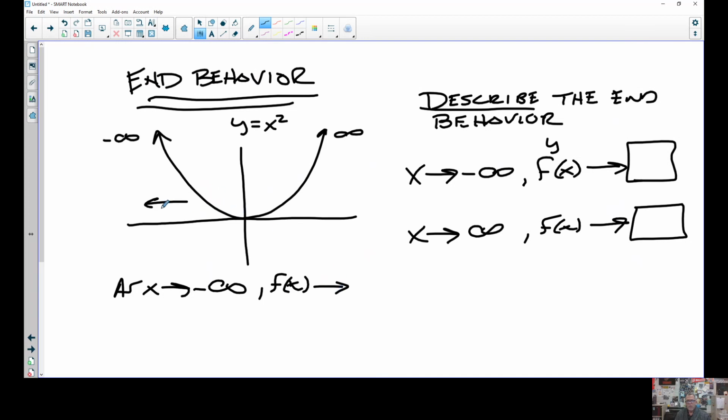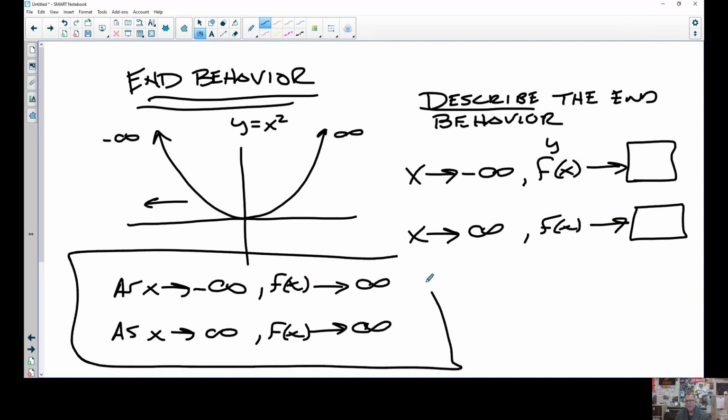As x is going this way, y just keeps getting bigger and bigger, goes towards positive infinity. So I just write positive infinity. As x approaches positive infinity, what does y approach? It approaches positive infinity as well. So I just do that, and I'm done describing it. That's all I need for my answer. So you just need to learn this script and work with that.